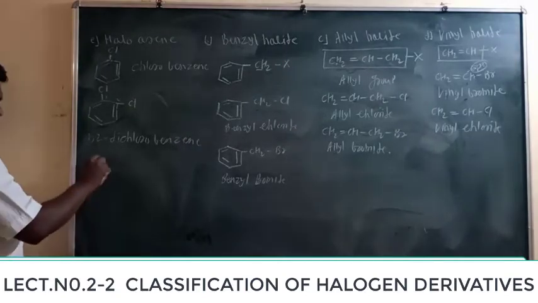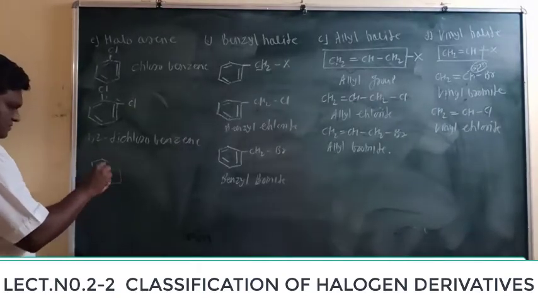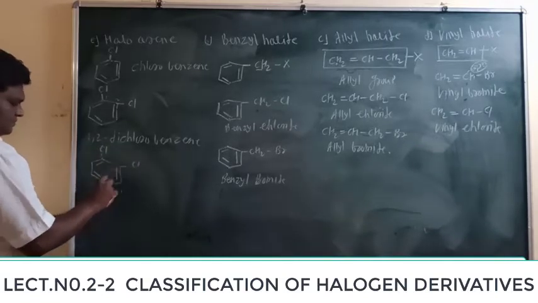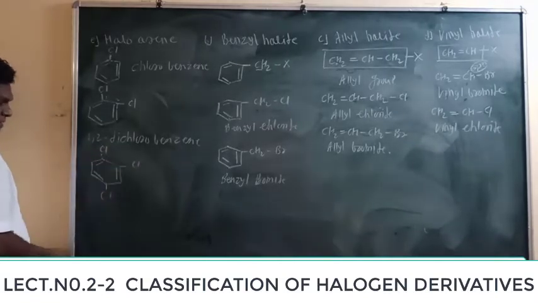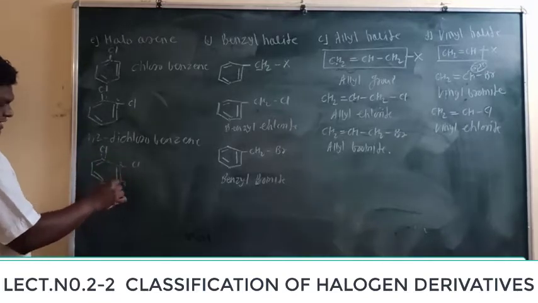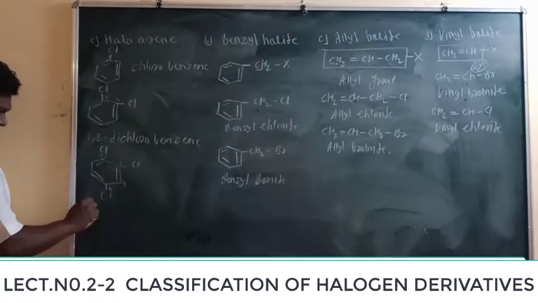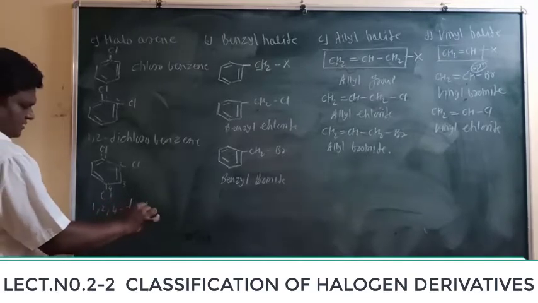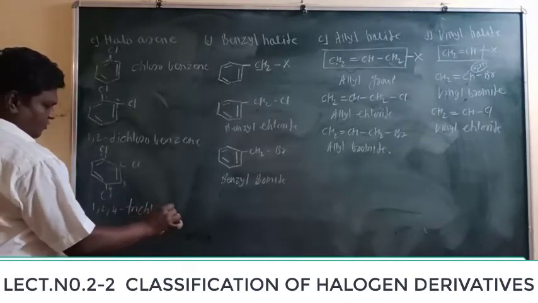Another example is, number the compound first. This is 1, 2, 3 and this is 4. So we label as 1, 2, 4. This is called as trichlorobenzene.